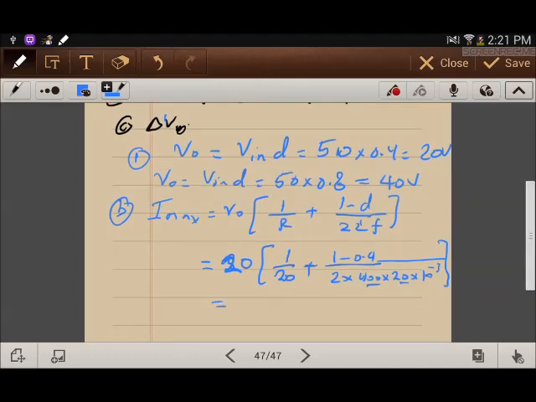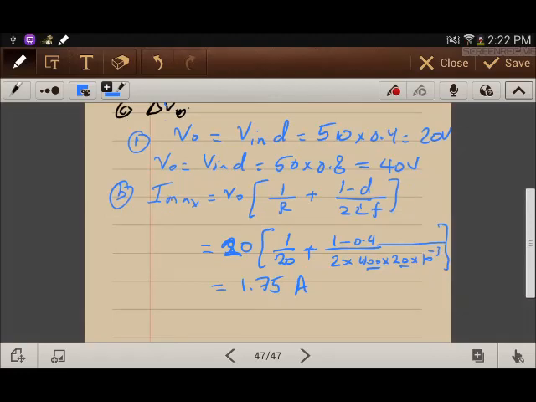So the answer for this one is 1.75 amps. This is when the duty cycle is 0.4.